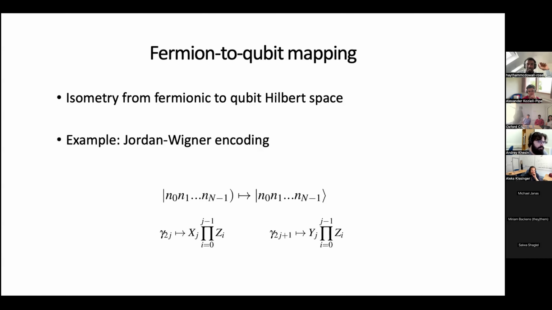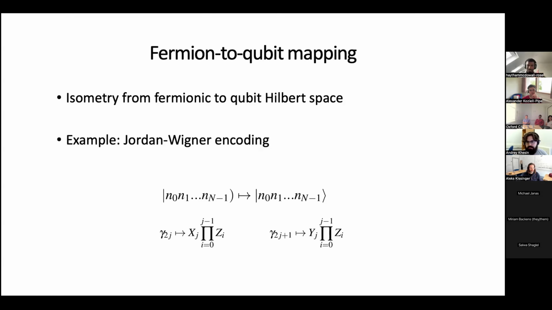The simplest example of a fermion to qubit mapping is the Jordan-Wigner encoding, which doesn't do very much. Well, it looks like it's not doing anything, but it is doing something. This is taking the fermionic bit string. So we've got a bit string that's n bits long in the fermionic space.